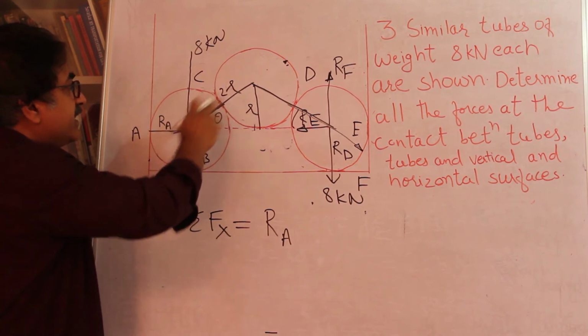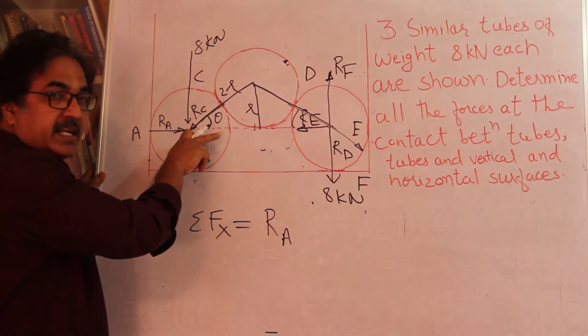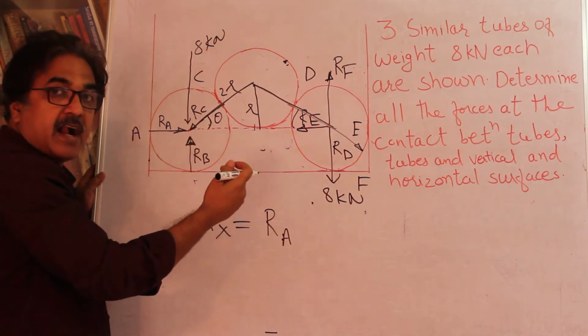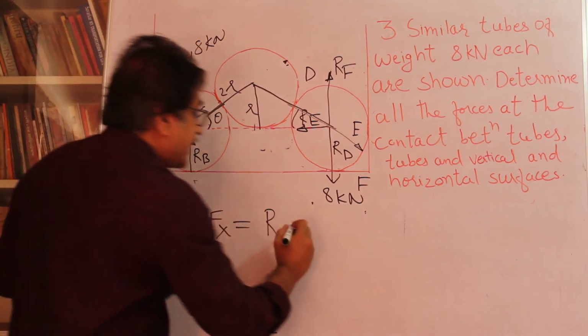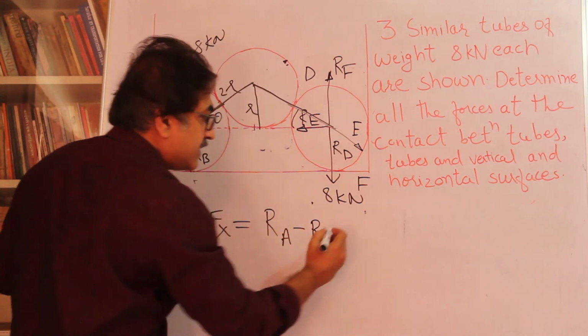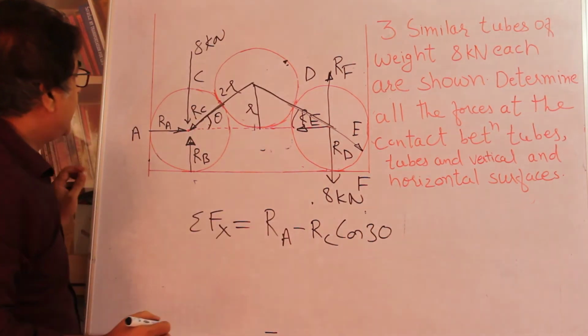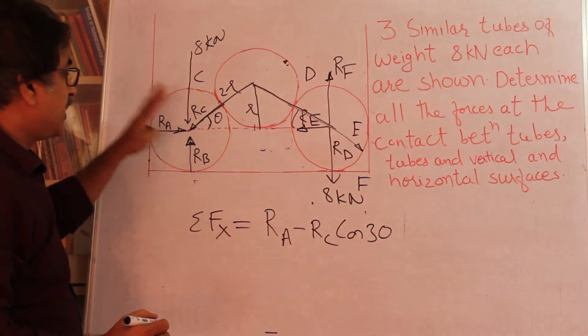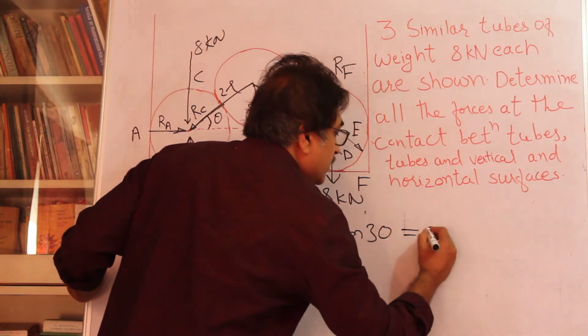But Rc is in this direction, right? And when you resolve it, so this is going to be Rc cos theta. Rc cos theta. And if you look at the arrow, it is going to be towards left. So I can write this as Rc minus cos 30, right? And is there any other force? There is no other force, right? So this is equal to 0.